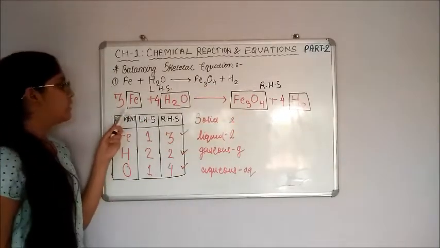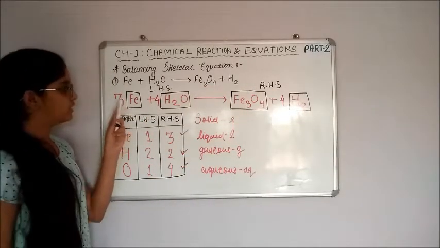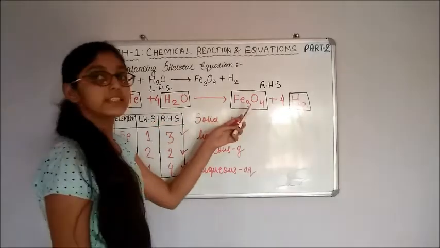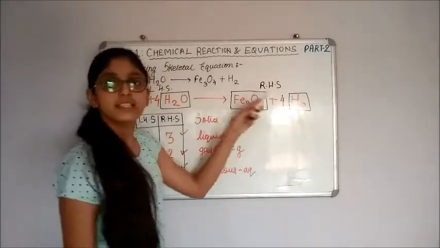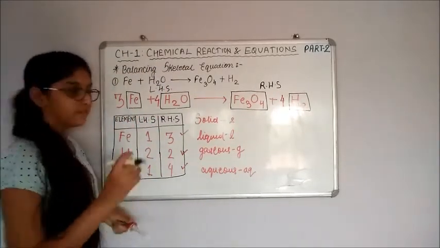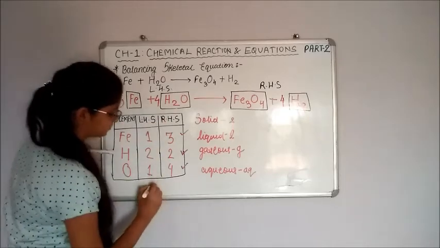Now we see this chemical equation. We will see that iron is solid, this is water, therefore it is liquid, this is again solid, and this is gaseous. So we'll write the formula now. We'll unbox it now.